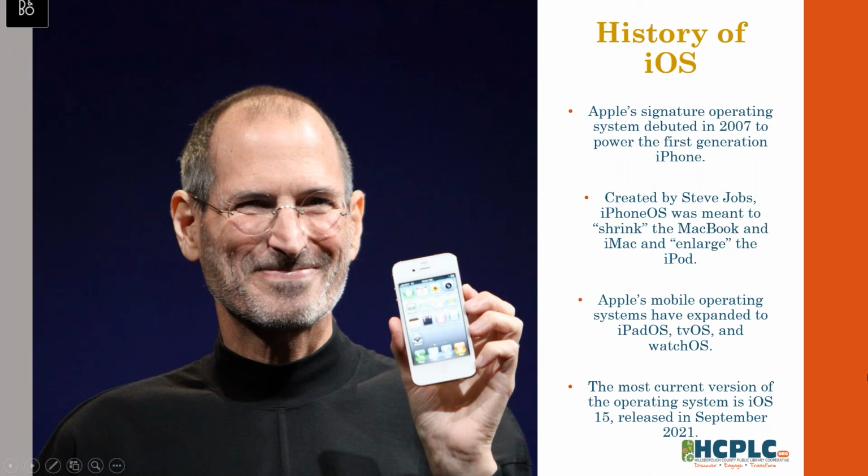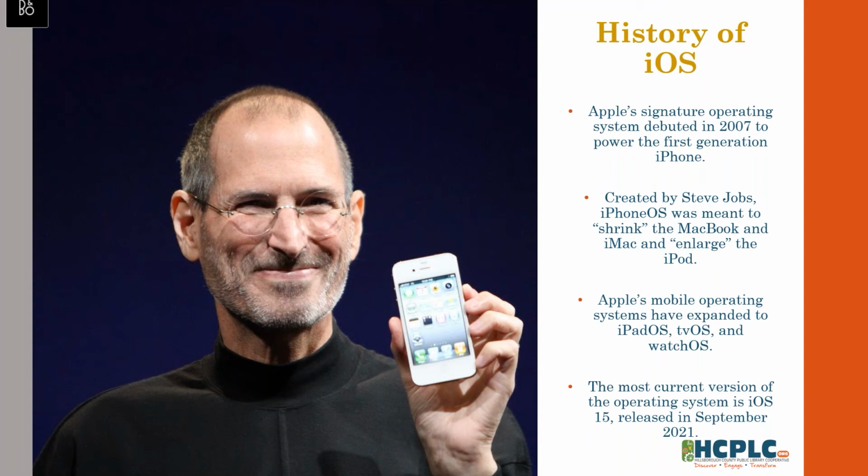iOS is one of Apple's signature operating systems. It debuted in 2007 to power the first generation iPhone. The iOS and the iPhone really revolutionized the idea of using a smartphone.